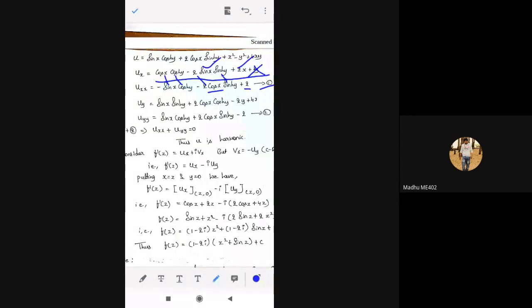Now uy. We did it with respect to x, so now we'll differentiate with respect to y. We keep the x terms as they are, like sin x is constant.